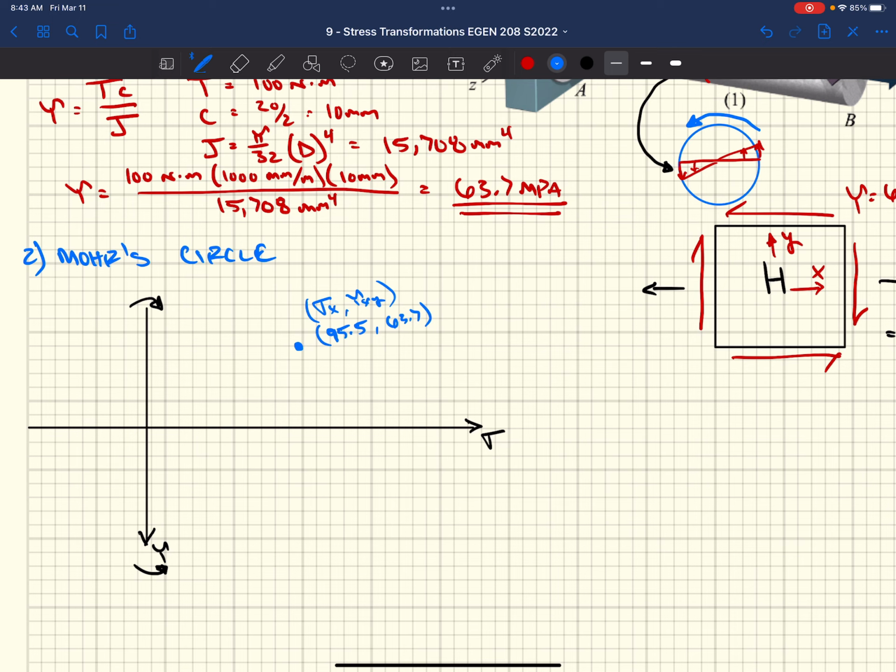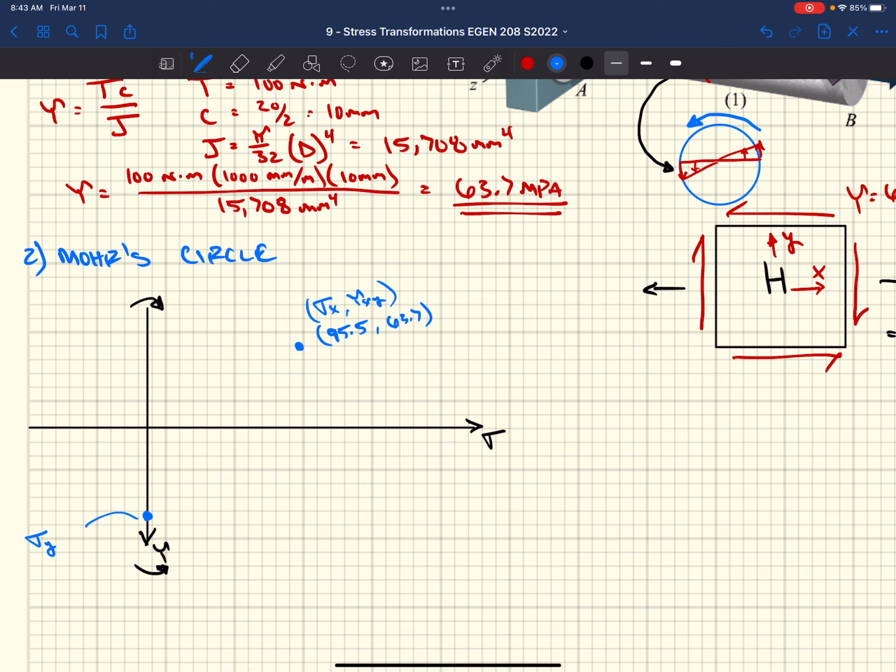So if we're up there, we're going to be somewhere down here, on the y-axis. So the point we're going to plot is somewhere right about there. This is sigma y comma tau yx, the shear stress on the y face in the x direction. Our actual coordinates are 0 comma negative 63.7.